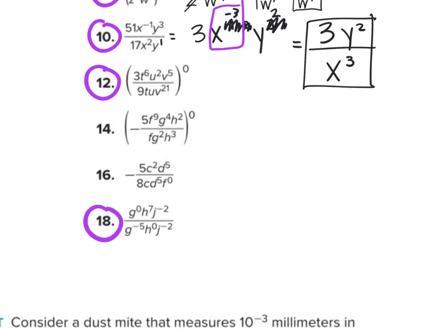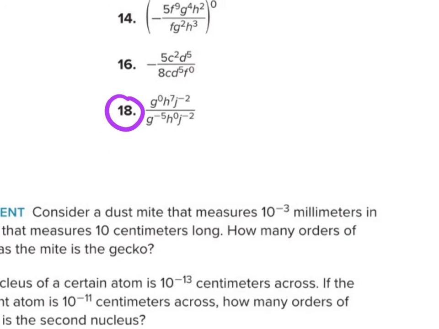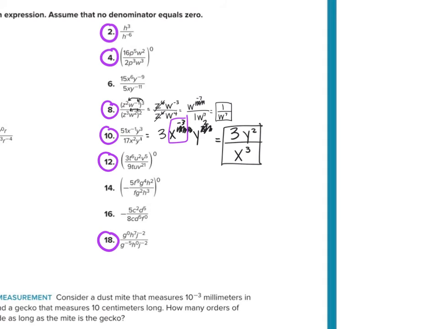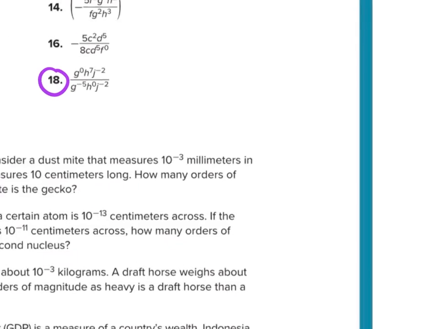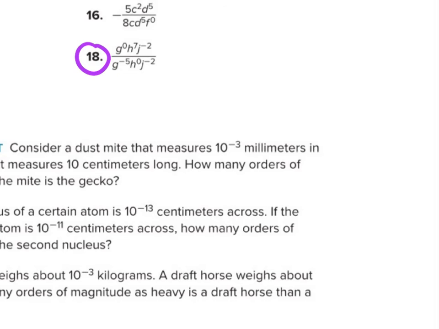Any questions there? Okay. 18, there's a couple ways you can do it. Like Austin canceled his out and made these 1 first. I subtracted first. Either way. Which did you guys think to do? Did you subtract first or make them 1s first?